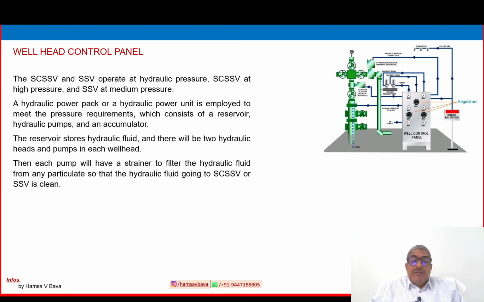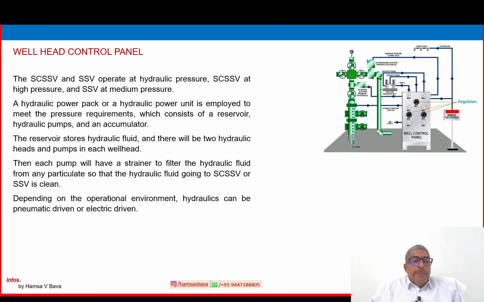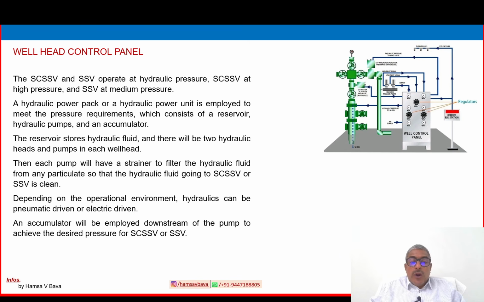Each pump will have a strainer to filter the hydraulic fluid of any particulates, so that the hydraulic fluid going to the SCSSV or SSV is clean and dirt free. Depending on the operational environment, hydraulics can be pneumatic driven or electric driven. An accumulator will be employed downstream of the pump to achieve the desired pressure of the SCSSV or SSV.